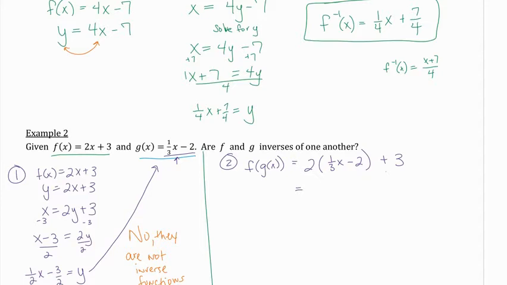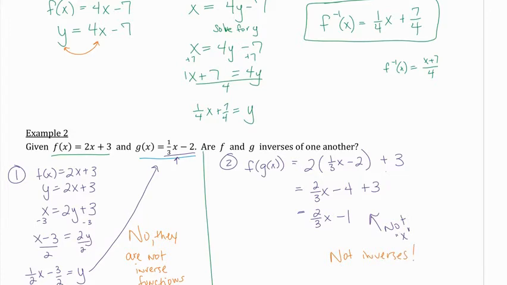So this will give us 2/3 x minus 4 plus 3, which is 2/3 x minus 1, and that is not just x, right? If they were inverses of each other, then when I simplified that whole process, this would just end up being just x. Since it's not, then they are not inverses.